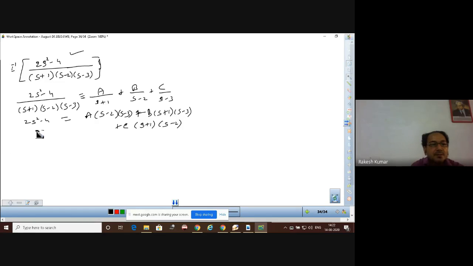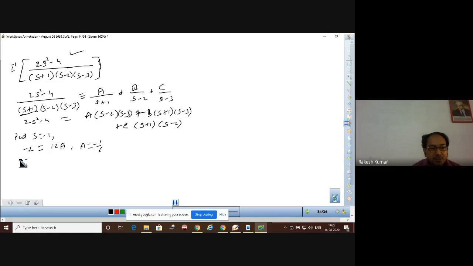Putting s equal to minus 1, from the first linear factor, you get the value. When you put s equal to minus 1, it comes out to be minus 2 on this side, and minus 1 minus 2 is minus 3, minus 4. That comes out to be 12a. This is 0, this is 0. So a comes out to be minus 1 by 6.